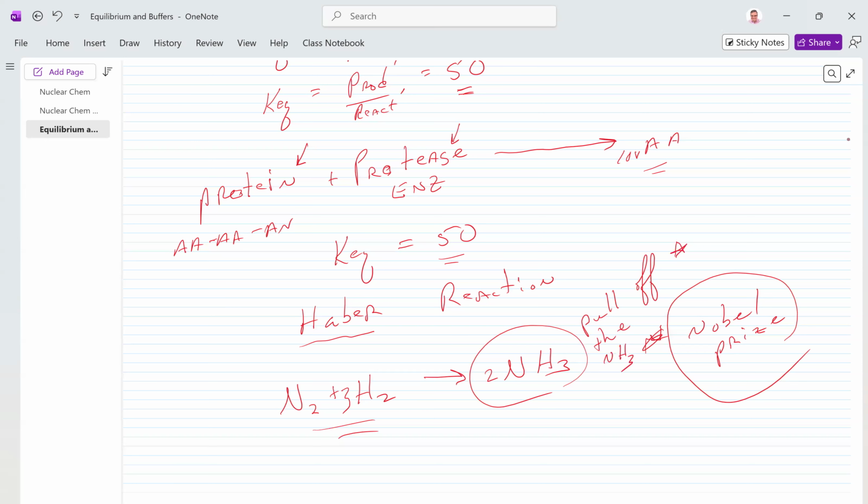So those are two really common reactions, biochemical and non-organic, that exemplify Le Chatelier's principle. So if one part of the reaction is stressed, the reaction will move back and forth to minimize the stress.